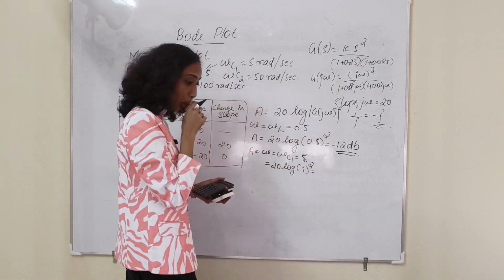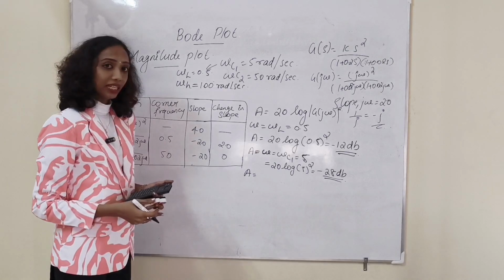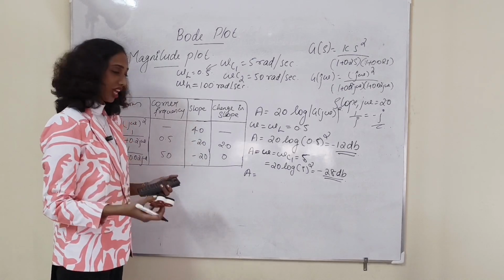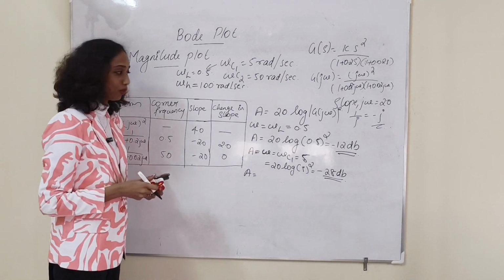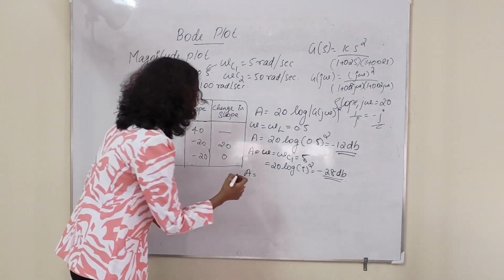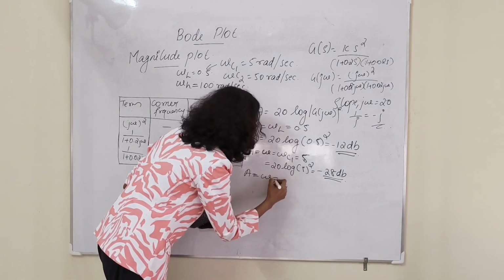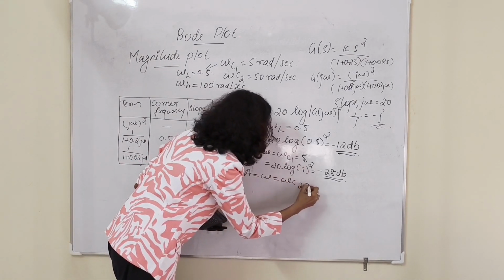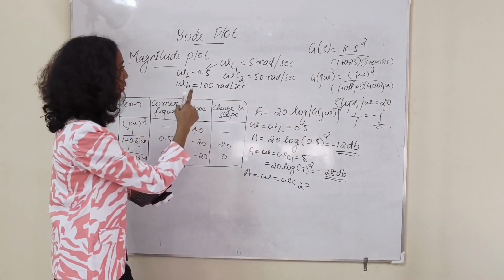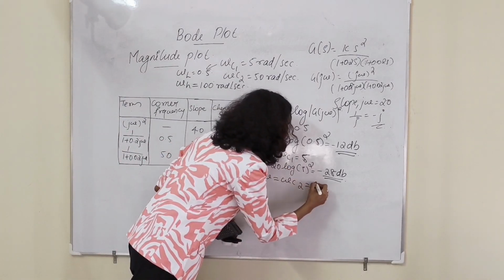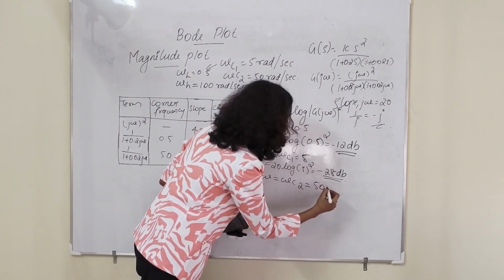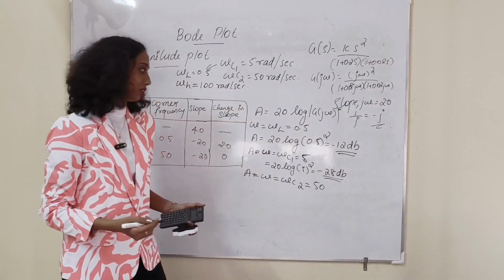For the third gain, you need to check the tabular column also. I'll explain why, because to find A, omega is equal to omega C2, which is 50 radians per second.